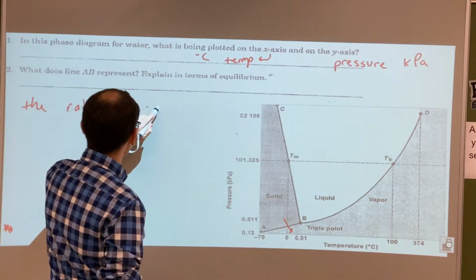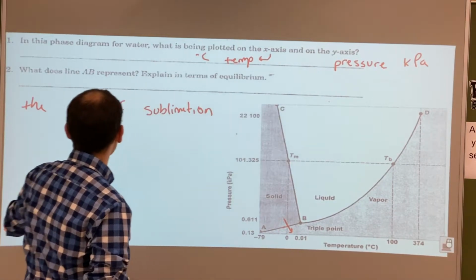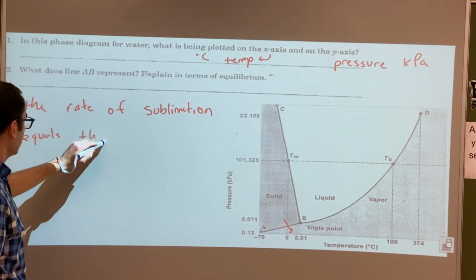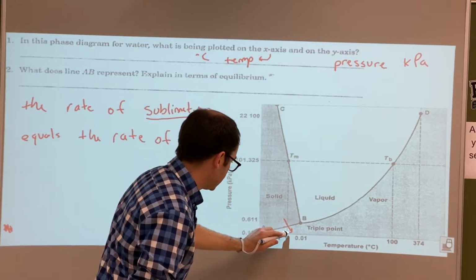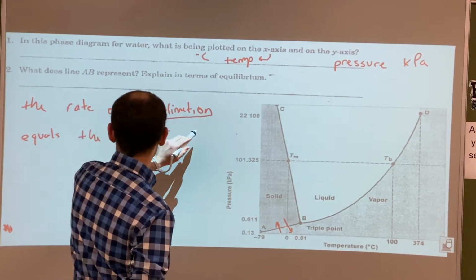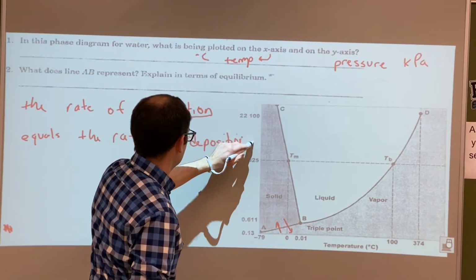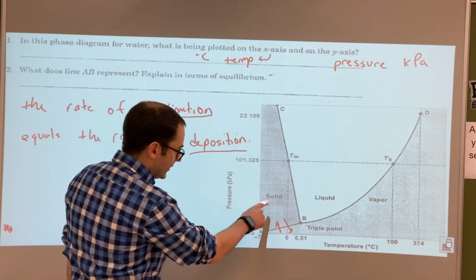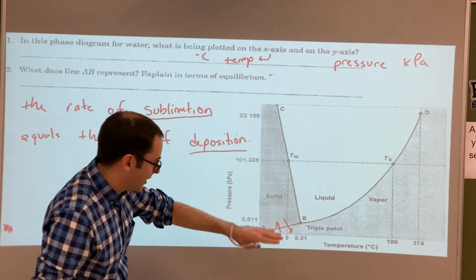All right, so the rate of sublimation equals the rate of, all right, what's the opposite going back? Yeah, deposition. All right, so the rate of sublimation equals the rate of deposition, which means if you have something going from solid to vapor, you would also have something going back from vapor to solid.